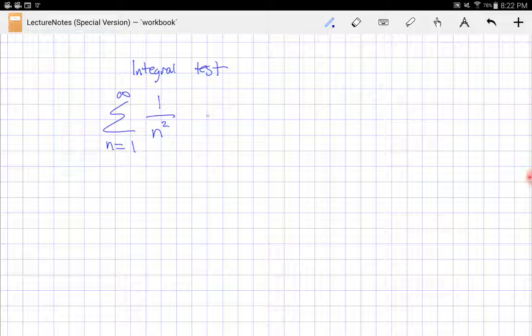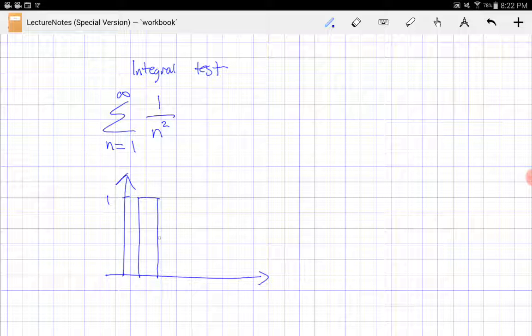What the integral test basically says is, imagine you have a series, and there's a bunch of discrete values. When n is 1, this is 1. When n is 2, this is like a quarter.